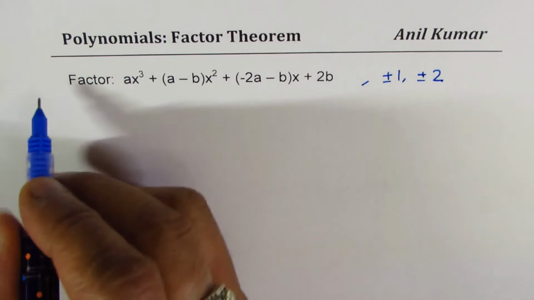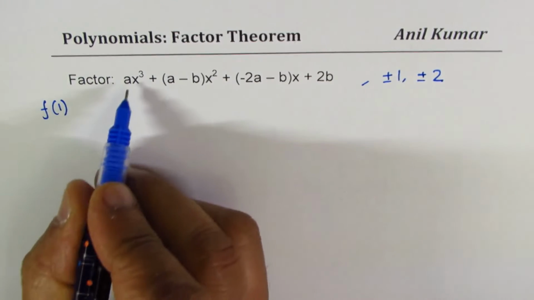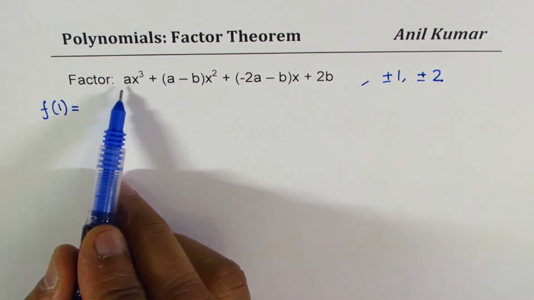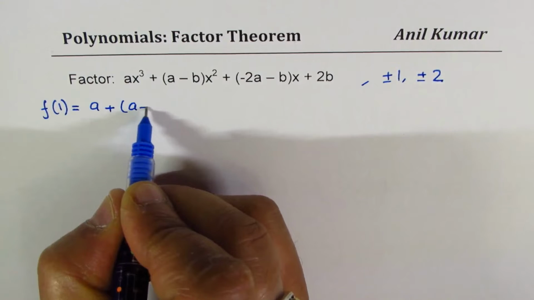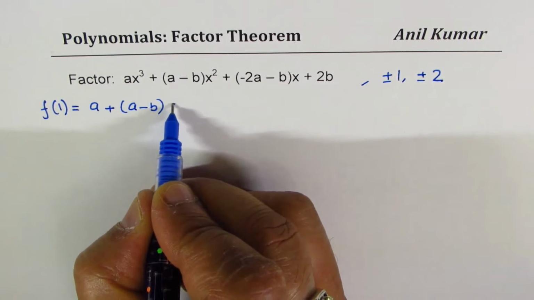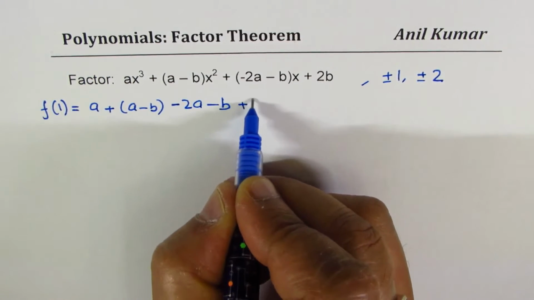So let us say what is the value of this function at x equals 1. If I write 1 for x, then I get a plus (a minus b), and let's open this bracket, so we get minus 2a minus b, and here we get plus 2b.